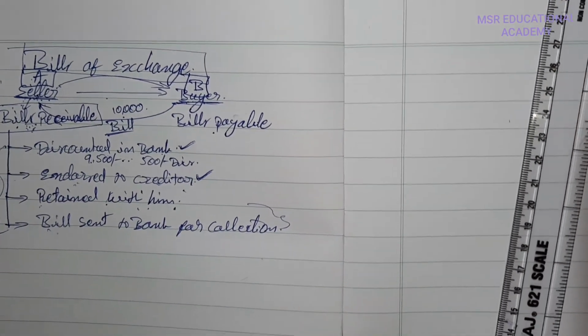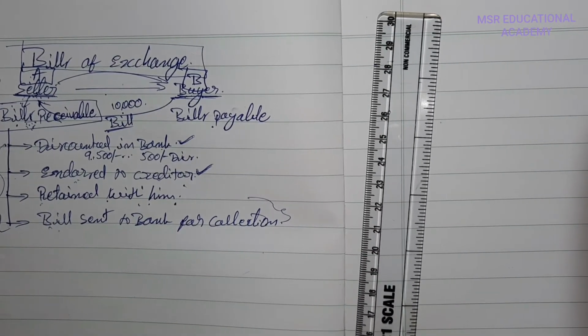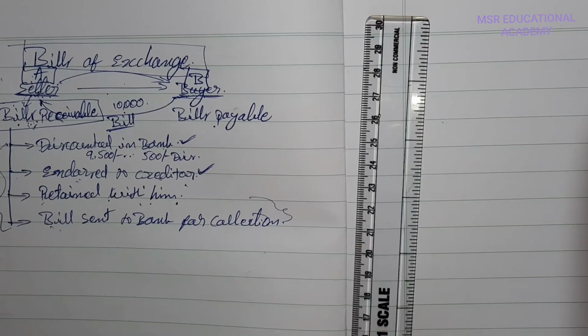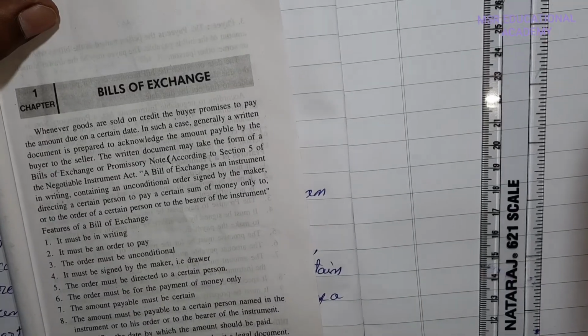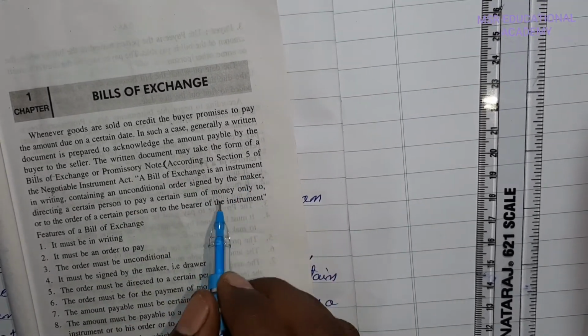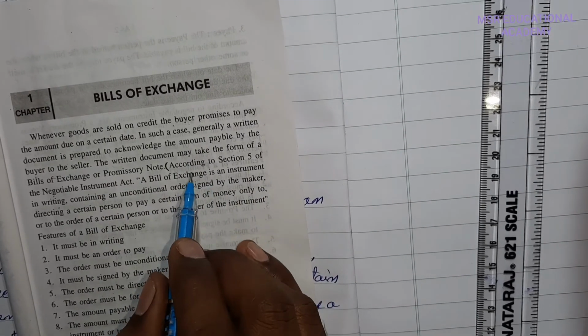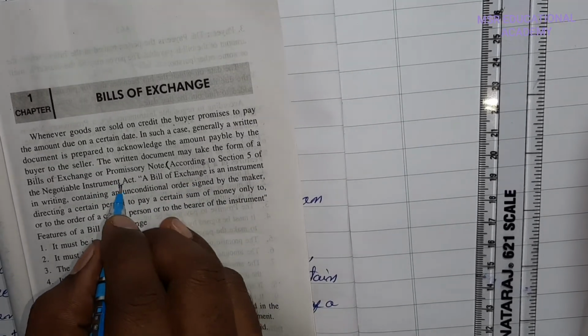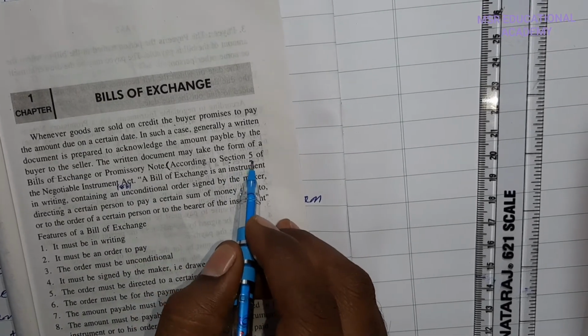As per the Indian Negotiable Instruments Act 1881, there is a definition given in section 5 of this act.